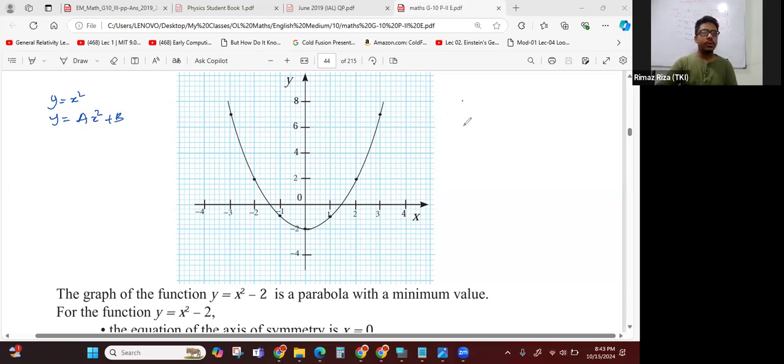But when you go to grade 11, then you will study the complete form of the graph y equals ax squared plus bx plus c. Since this term is there, the graph will shift to left or right depending on the b value. That you will learn in grade 11. Okay.